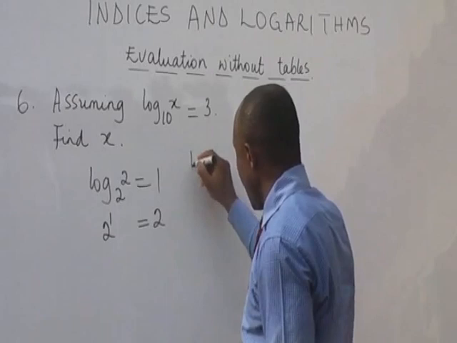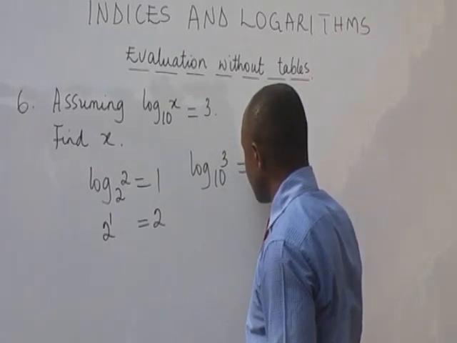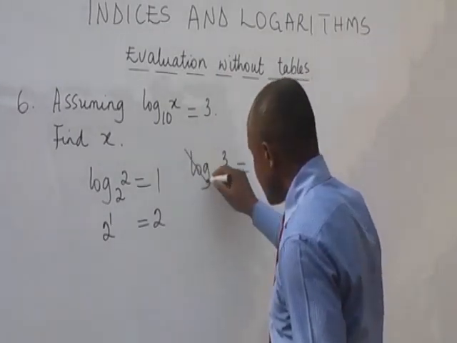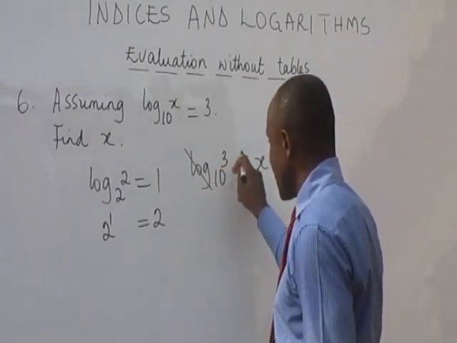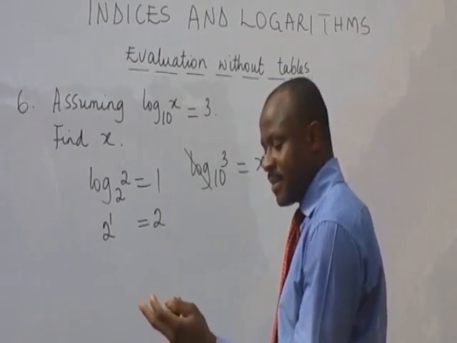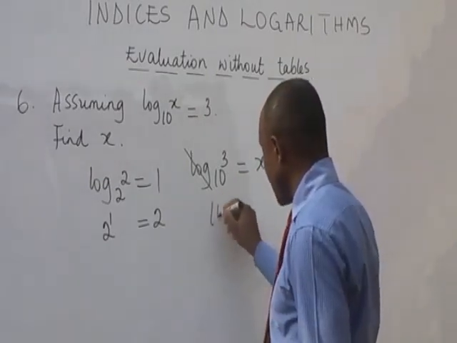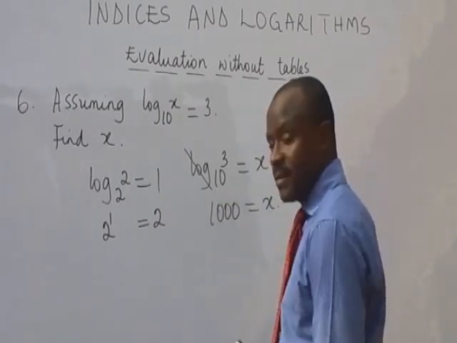That means here now we have that log of 10 exponent 3 is x. You can remove this log, we don't need it. This is showing you that 10 exponent 3, which is 10 times 10 times 10, is 1000. That means that 1000 is the value of x.